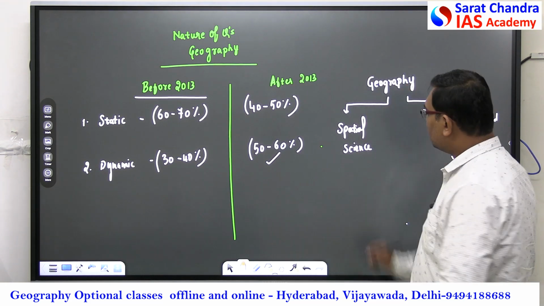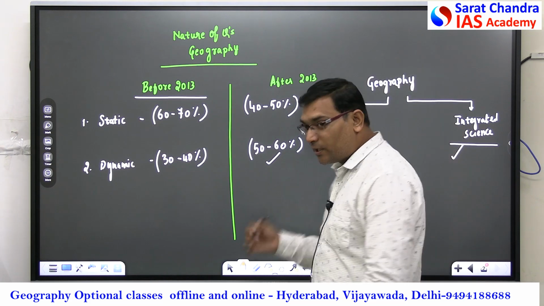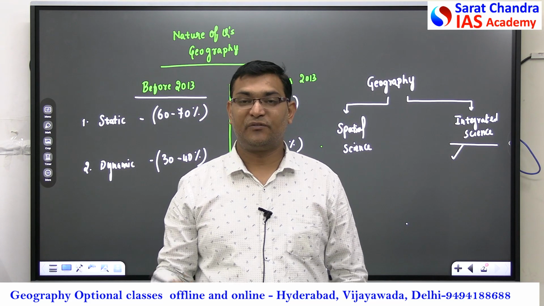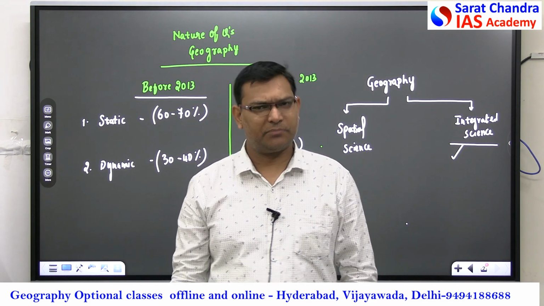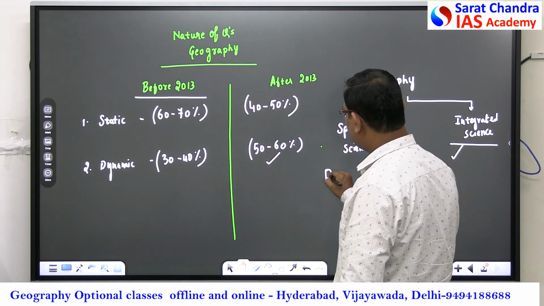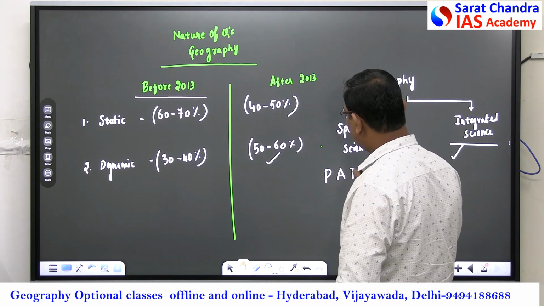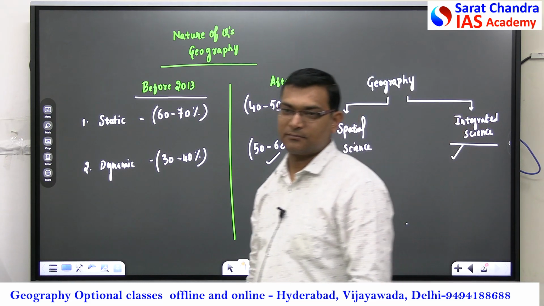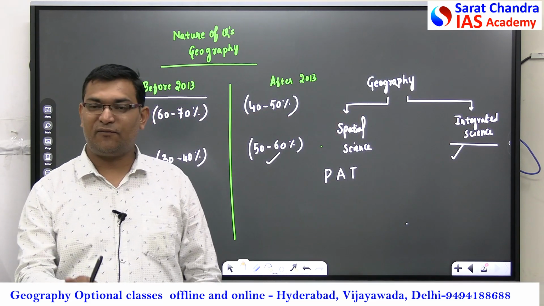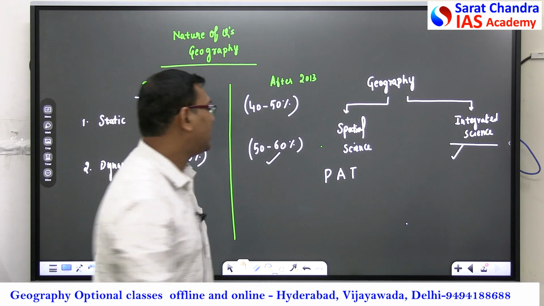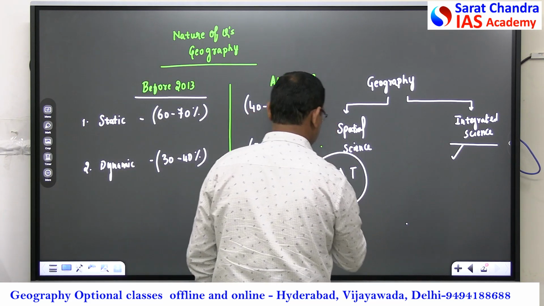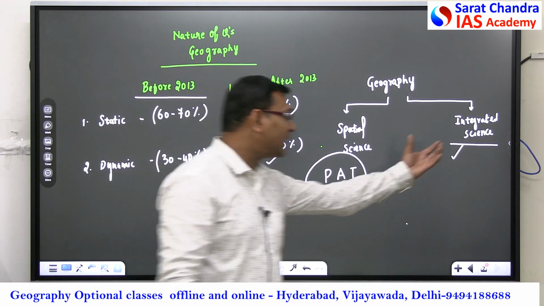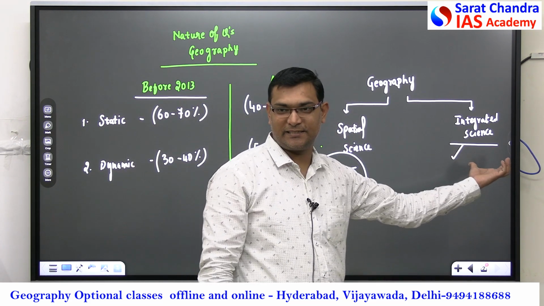Like, how to link population topics with your social issues. Simple. There is a concept called PAT: population, affluence, technology. If you link this, there is a linkage that is called integration.